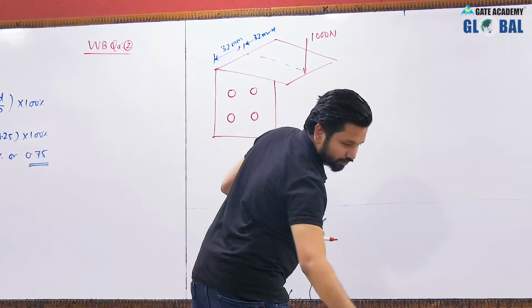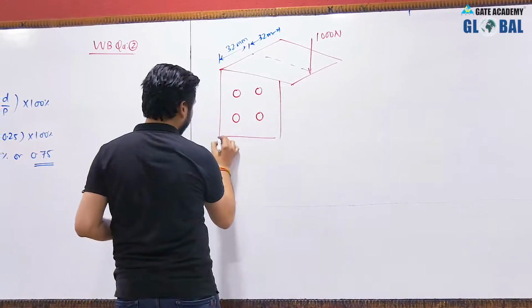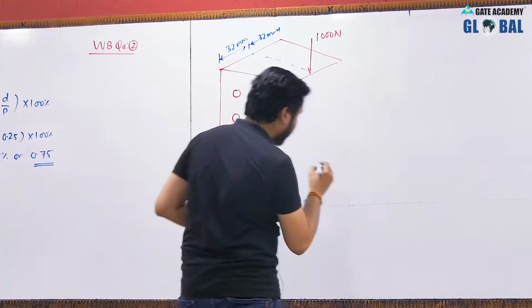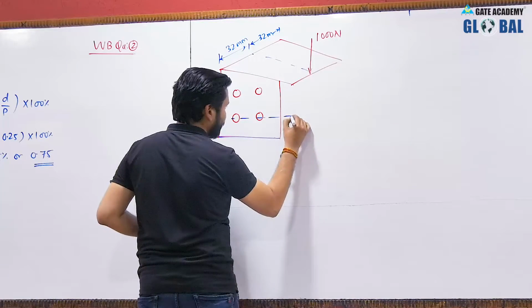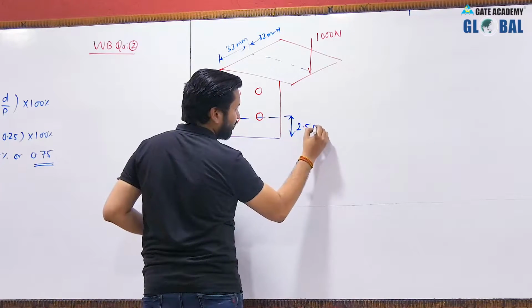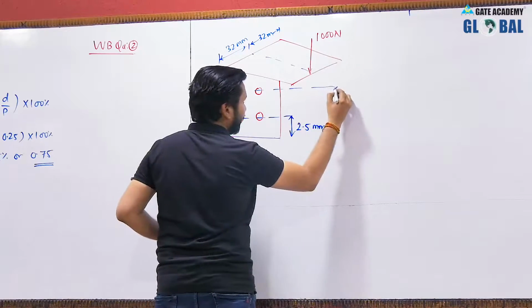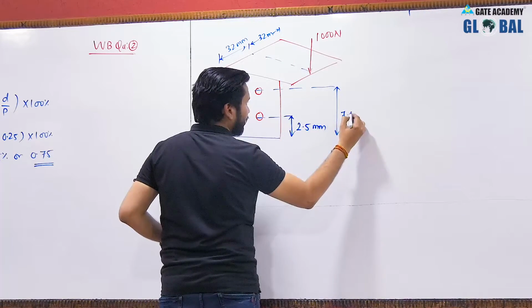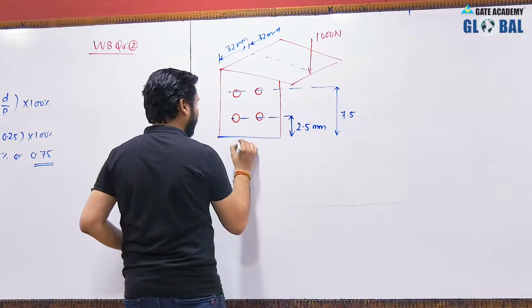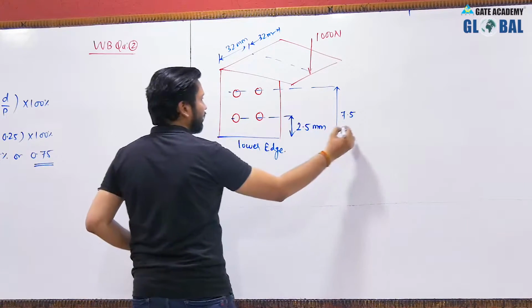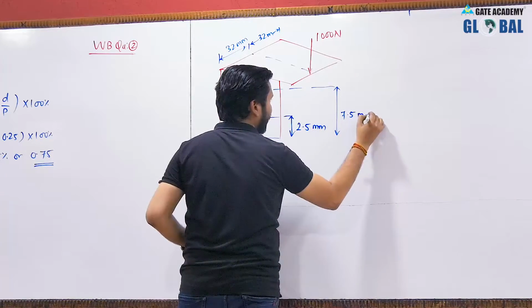The distance from the base is 2.5 mm, and this is 7.5 mm. So from the lower edge, the distances are 2.5 and 7.5 mm.